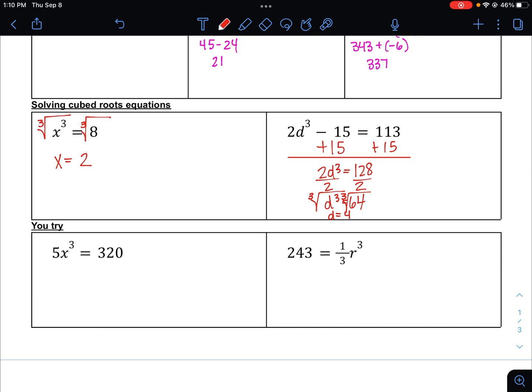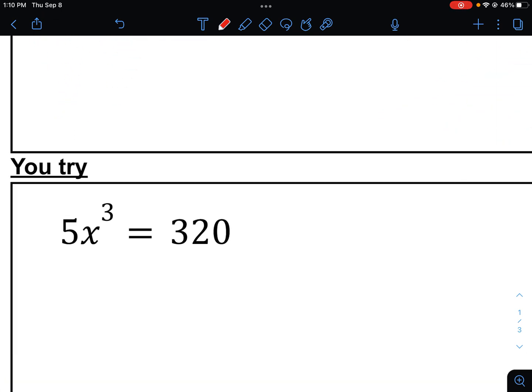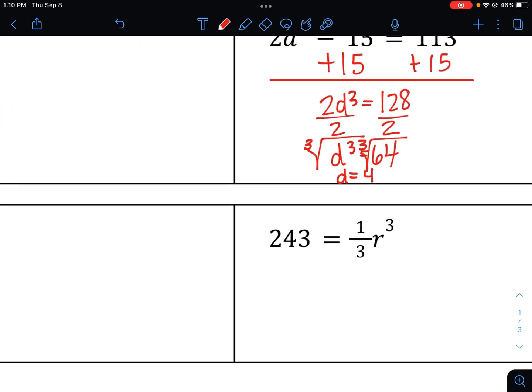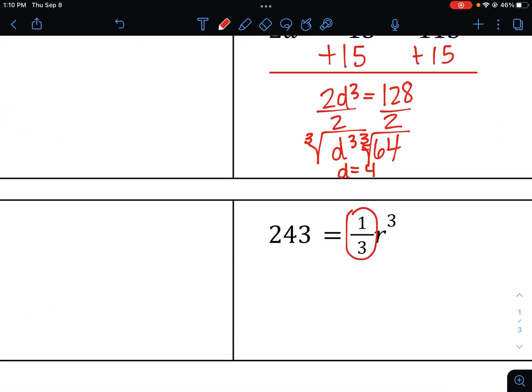All right, now that everybody in the room should be finished with the You Try problems, you should be dividing by 5 on both sides. X cubed equals 320 divided by 5 is 64. Remember, a cube root needs that radical sign with the 3, and x is equal to 4. And then our last one has the coefficient that is a fraction, so we want to multiply by the reciprocal so that our 3's are simplified to 1's.